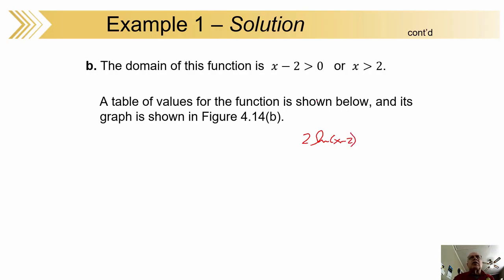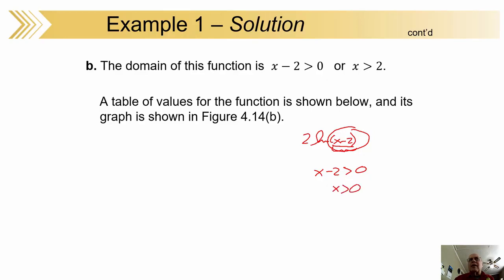The domain of that function. The easy thing to do to get the domain is, first of all, you know the natural logarithm argument, that's what they call this, has to be positive. So if you know this has to be positive, set the argument greater than 0.